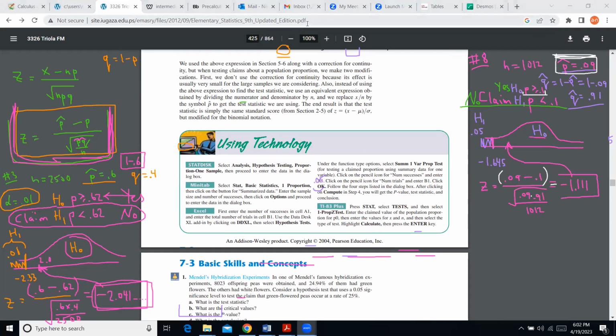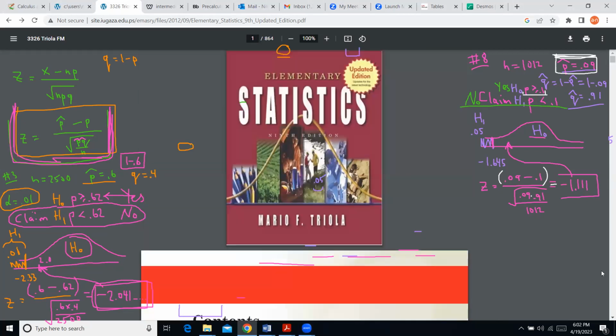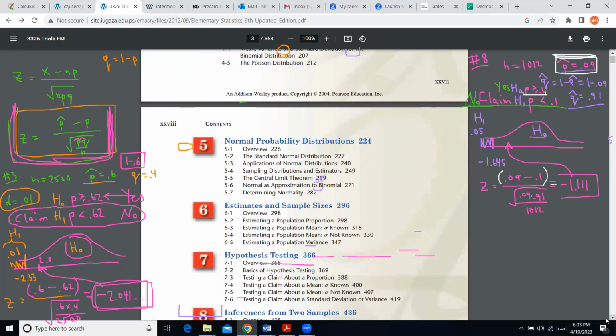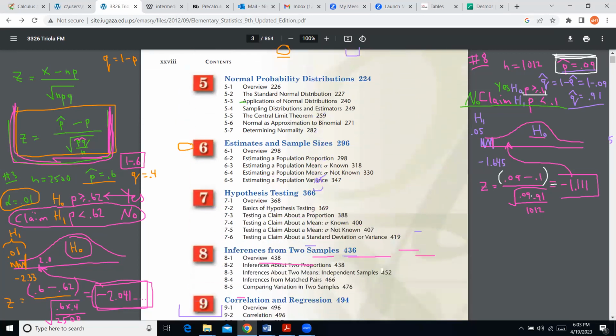And of course, I'm going to do more problems from chapter 7, but let me go back and see where we stopped with our midterm exam and started to deal with the final exam part. I believe we stopped at chapter 4.